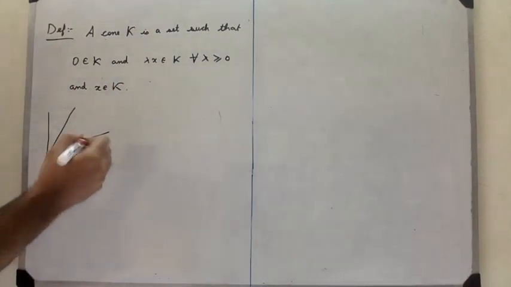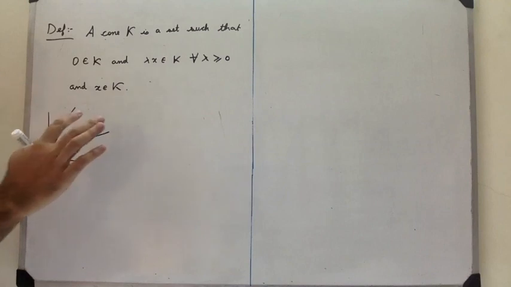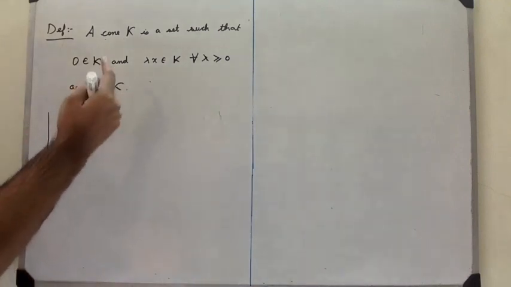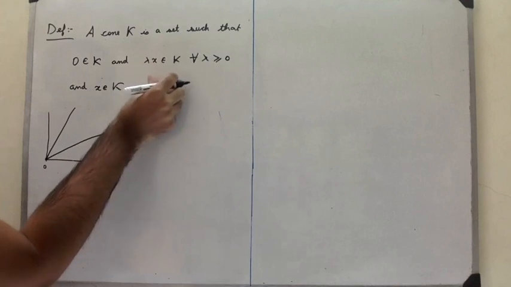A convex cone means it's a cone which is convex. So we can combine both the definition of cone and convexity to arrive at the following definition.